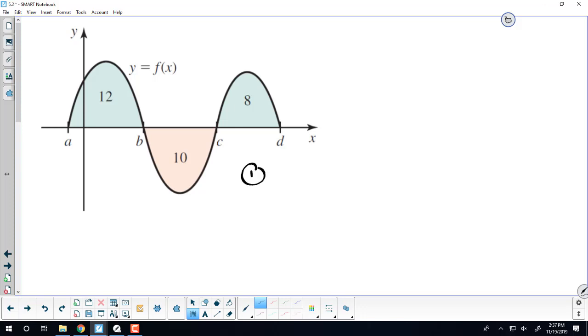The first question is, what is the integral from a to b on this f of x? Does everybody agree that it's 12? The area bound by the function, the axis, and x equal a and b is 12.